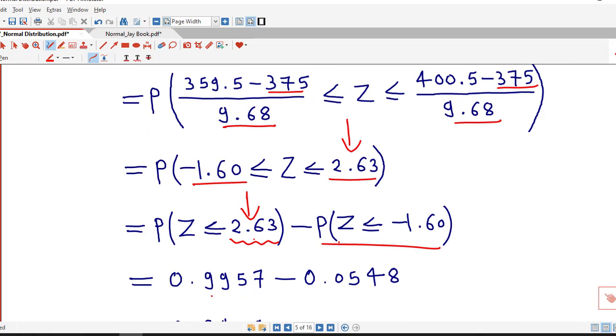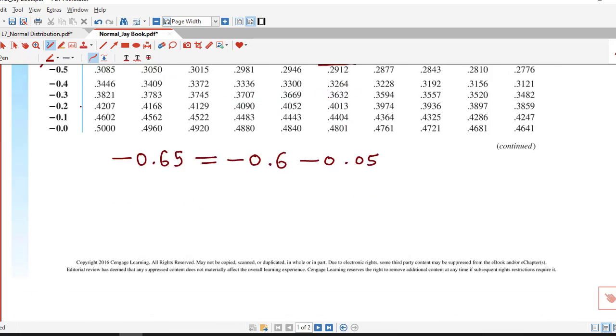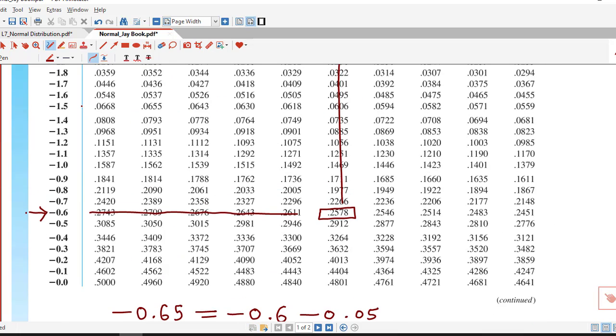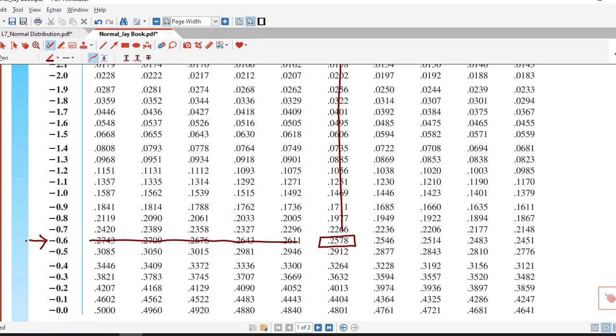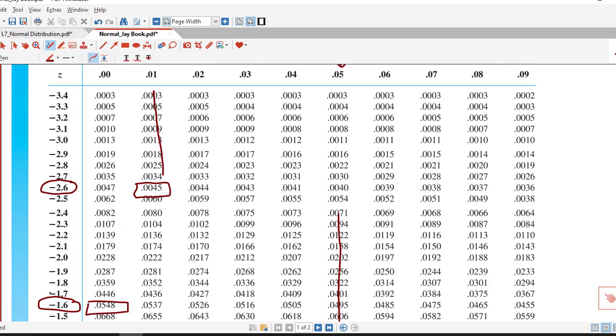So we substitute here 0.9957 and then we look for minus 1.60. So we search for minus 1.6. Here we have minus 1.6, and this corresponds to 0.